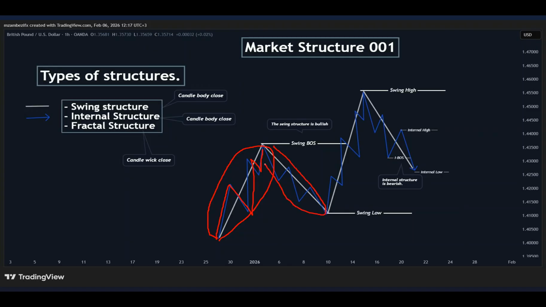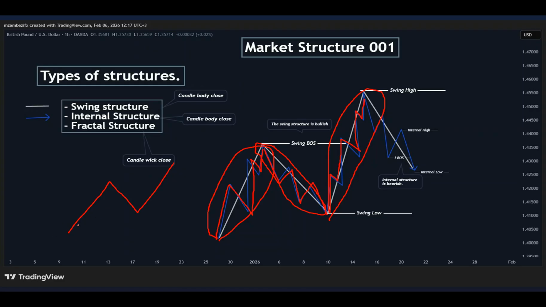When price is pulling back, you'll notice that the internal has shifted to bearish. Then once the continuation is playing out, the internal has shifted bullish.